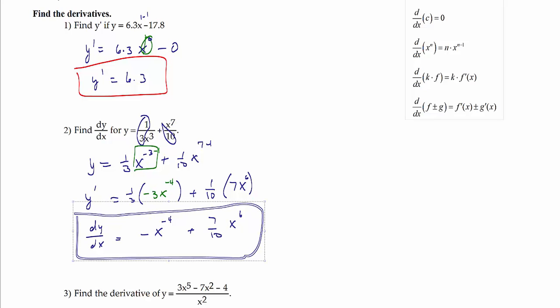Or if you need to, you can rewrite it. This negative exponent could be rewritten. Again, I don't require it, but you can take that as a negative 1 over x to the positive 4th power. And then the 7/10 x to the 6th power, you wouldn't have to do anything to that one. But again, I'm happy with your answer right here.